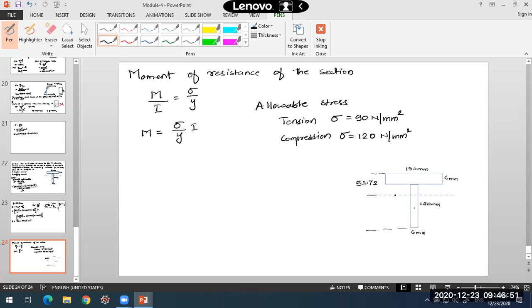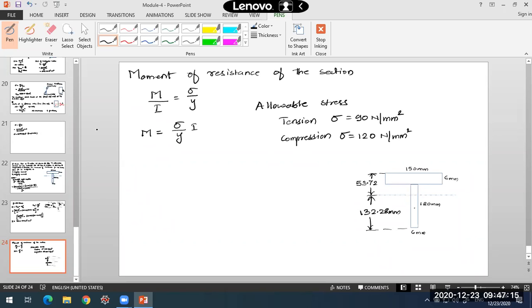So here it is 186 minus 53.72, which is 132.28 mm. So you can see the top and bottommost fibers are not at the same distances in such a section, in a T section.